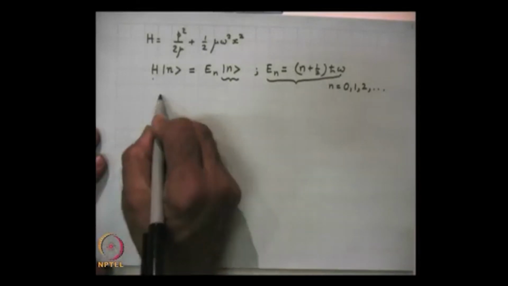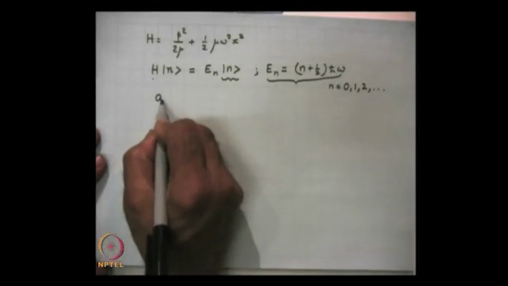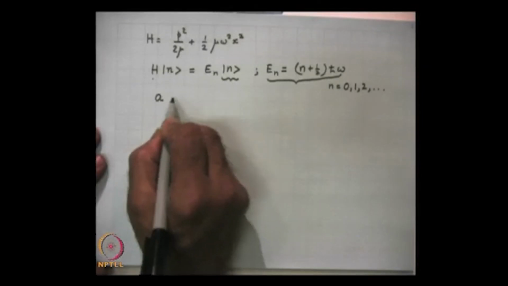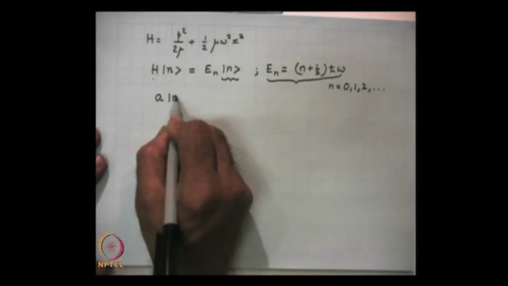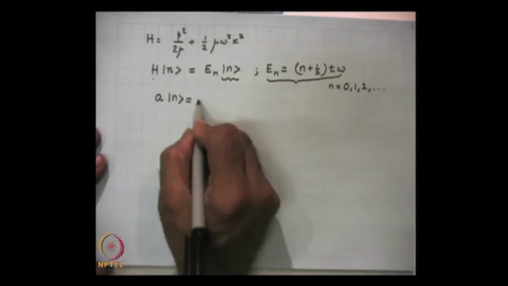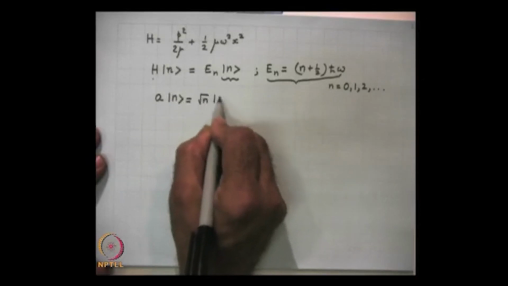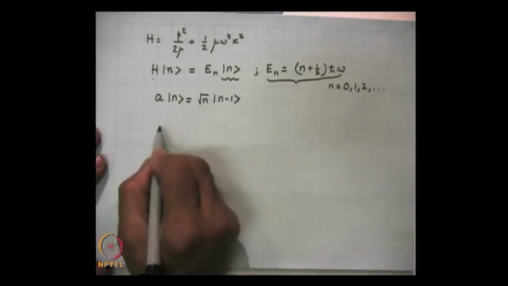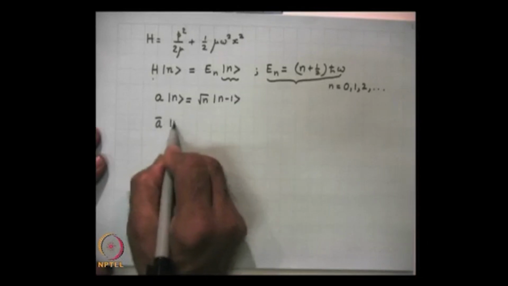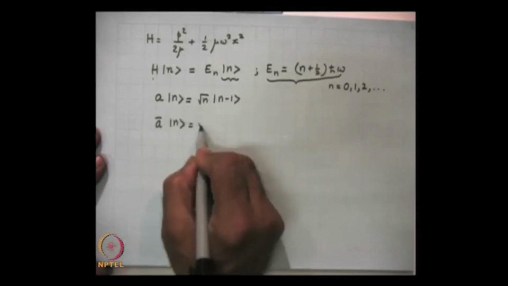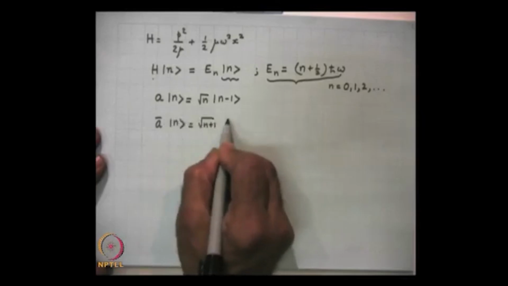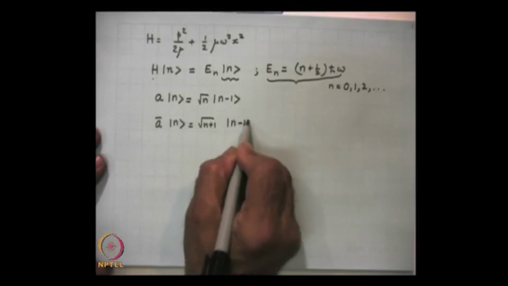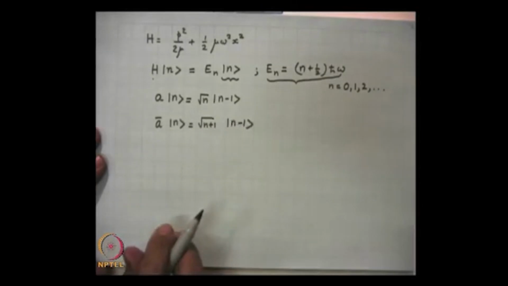We had defined two operators A and A bar, and we had shown that A ket n is equal to square root of n times ket n minus 1, and A bar ket n is equal to square root of n plus 1 operating on ket n plus 1.